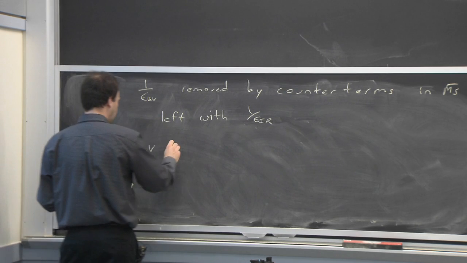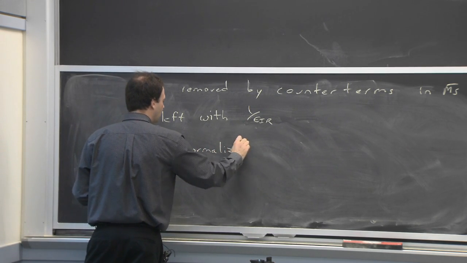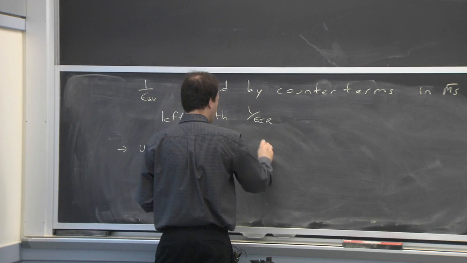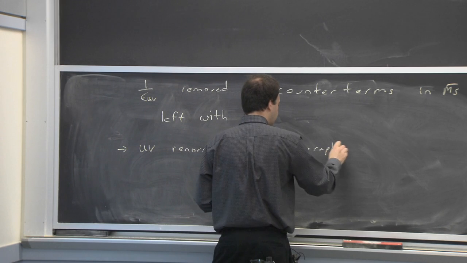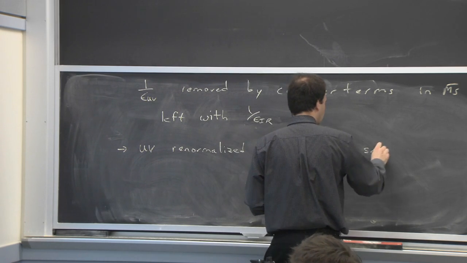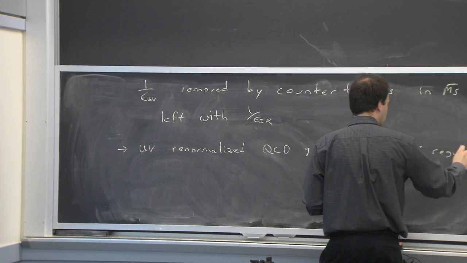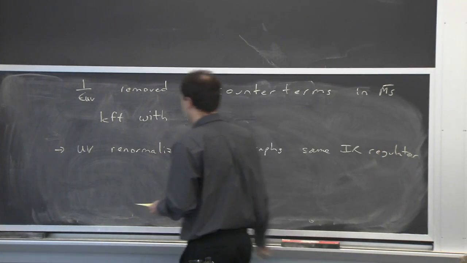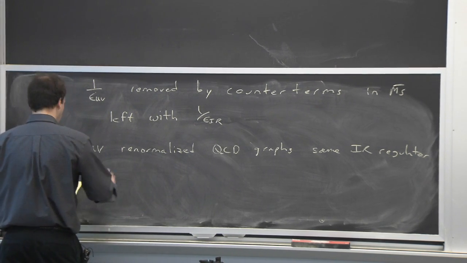So if you renormalize the QCD calculation, which you can't really get around doing, you have to do that calculation. So you do that calculation in pure dim reg. Same IR regulator, which is a nice regulator to use for QCD. You do the UV renormalization using the standard counterterms.